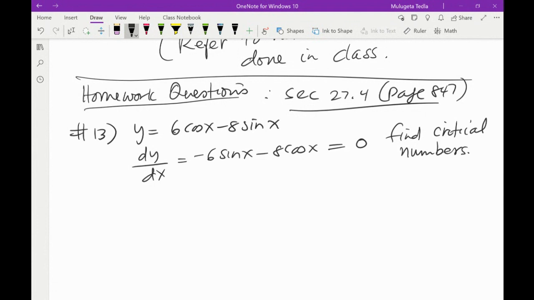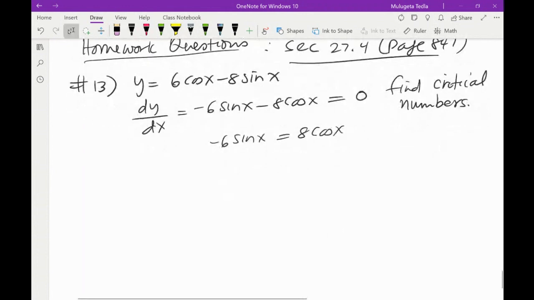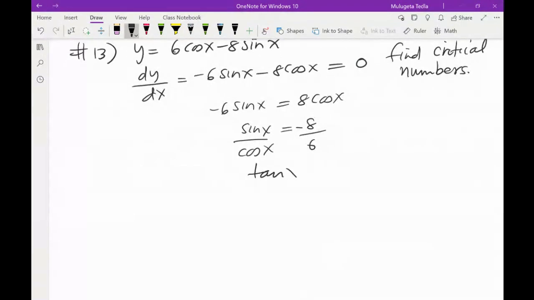Sine x over cos x would be 8 over minus 6, which is tan x equal to minus 4/3.